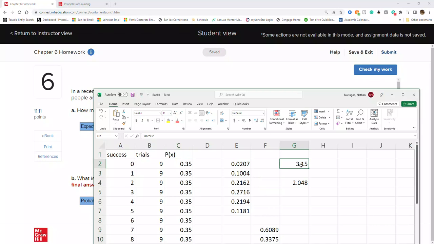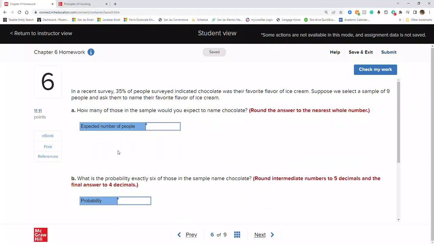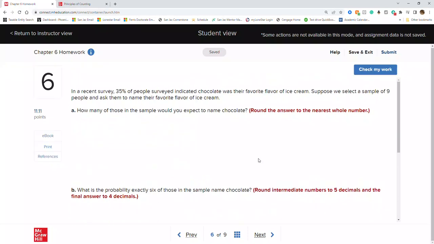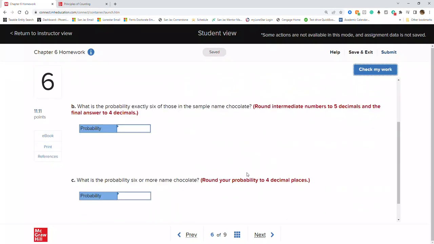But this is just n times that percentage. So it's 3.15 that we expect. Now, I can't have 0.15 of a whole person. So it does say round to the nearest whole number, which is about 3. And there's our answer.